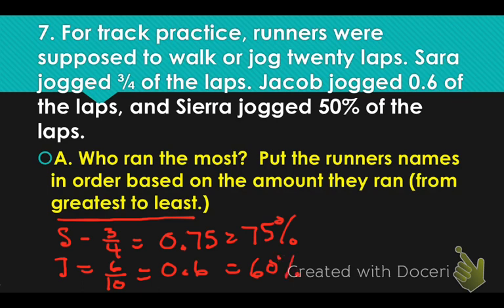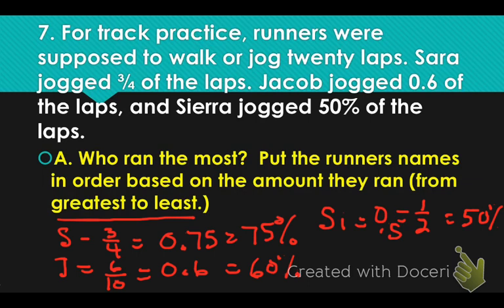And Jaime, another J, sorry. No, I'm sorry, that was the last question. It's Sierra, it's the S, so we'll put SI for Sierra. She ran 50%, so we already have the percent there, and that is the same thing as 1/2, or 0.5.